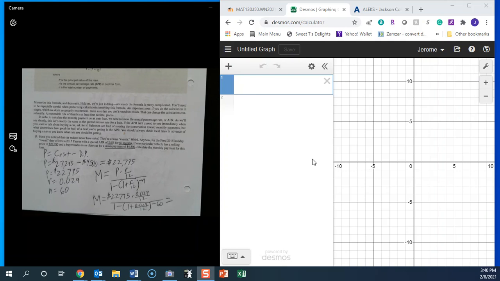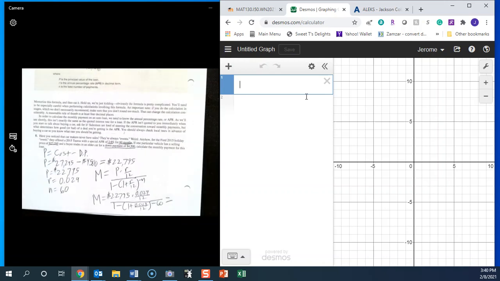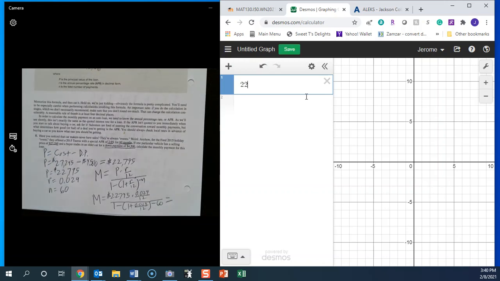Okay, so now in Desmos, we would type in, let me grab my keyboard. We would type in the $22,795. Now, what I would suggest, is this is going to be a fraction, I would hit the division key and then go back up to the top, because that'll make it a lot easier. So now we have 22,795 times, then we will have 0.029 divided by 12.